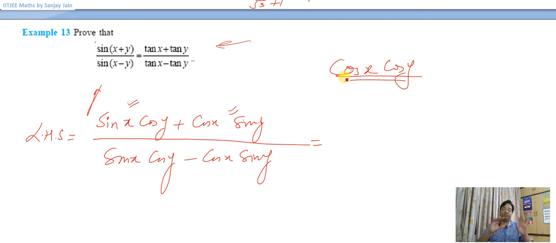So if you divide each of the terms in the numerator as well as in the denominator with this same expression, you will not change anything in the expression, right? Or you can say that the resulting expression will be equal to this expression. So if I divide this term with cos x cos y, cos y will be cancelled and tan x will be the answer.